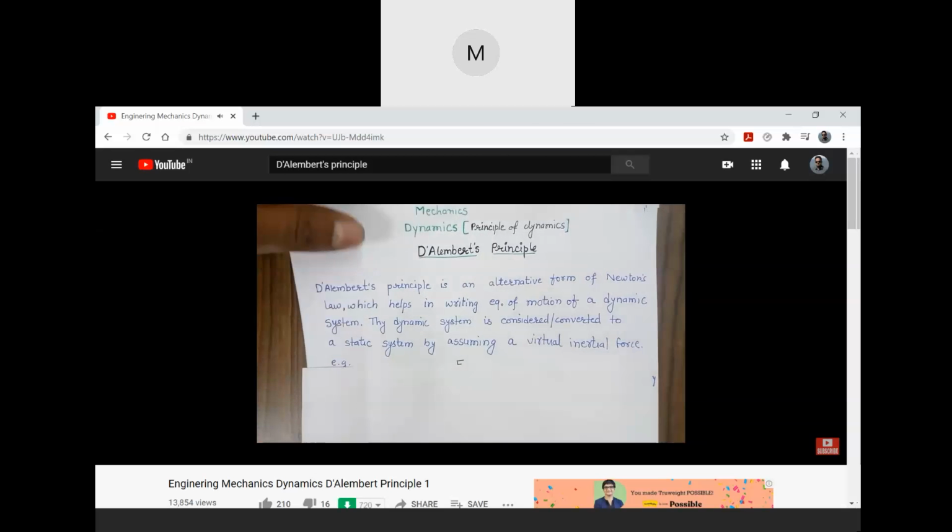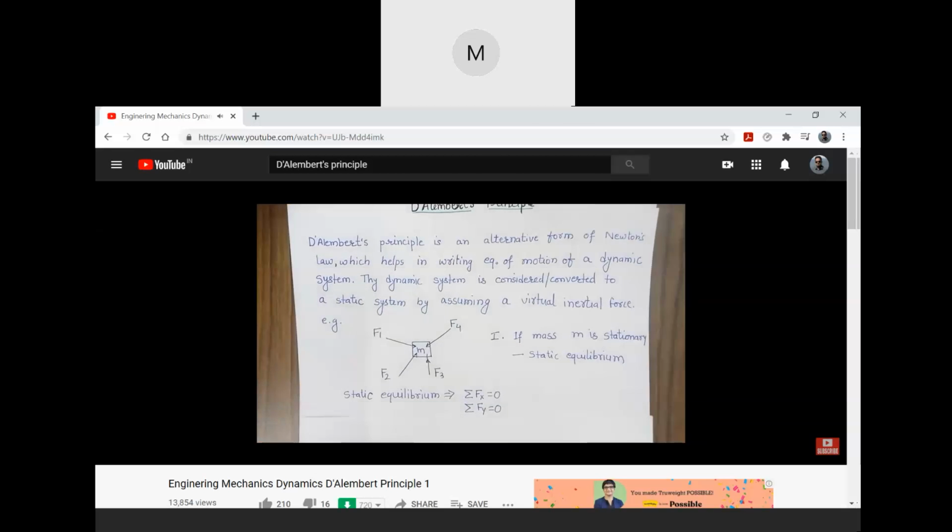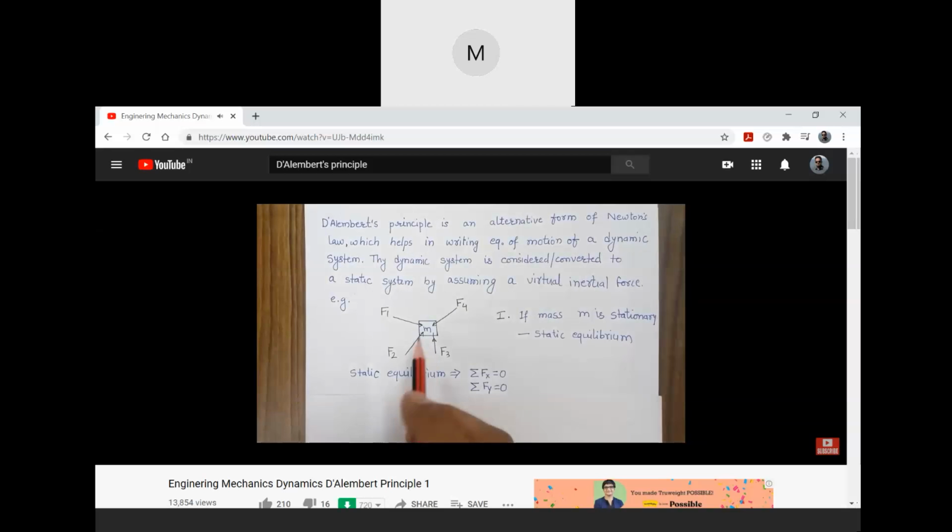To understand this, let's consider a problem where we have a mass m and four different forces F1, F2, F3 and F4 acting on mass m, and because of all these forces the system is not moving. Let's consider the first case where the system is stationary.